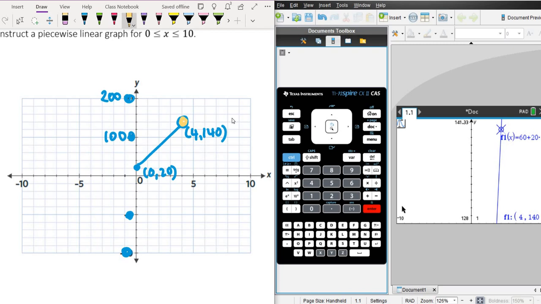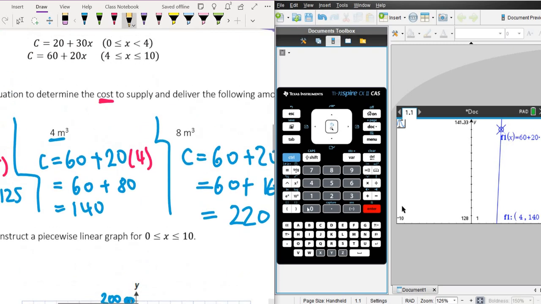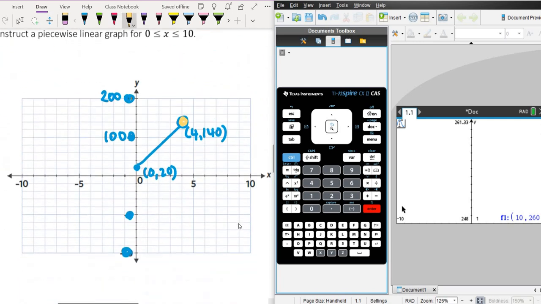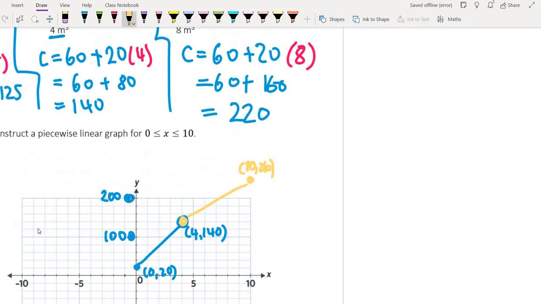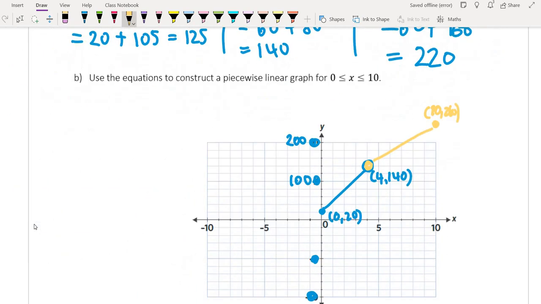So we fill it in, make it a closed circle, and it goes all the way to 10. So type 10 and enter. That's 260. 10, 260. So it's going to be roughly around here. Draw a graph like that. Label this point 10, 260. And that's our piecewise graph for this scenario.